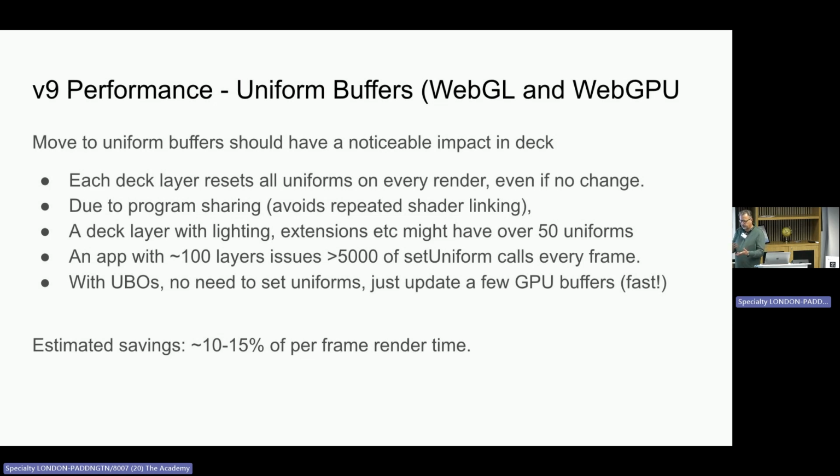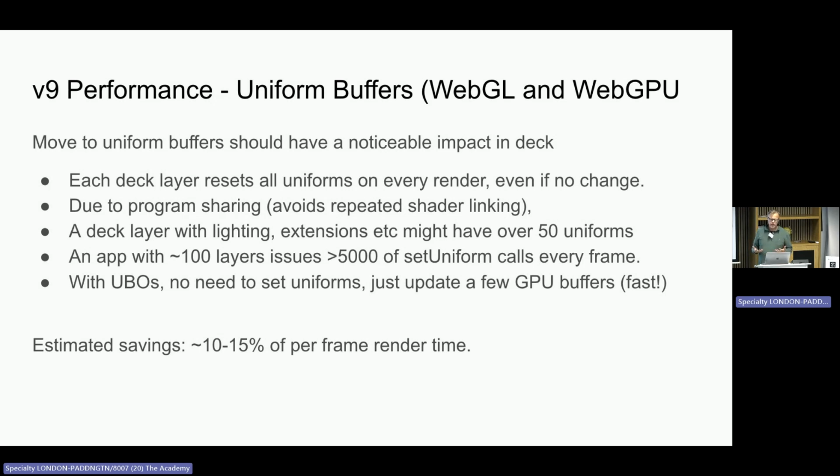A GeoJSON layer renders a scatter plot layer, a path layer, and a polygon layer. The tile layer renders GeoJSON layers that then render all of these. So even if you only have a couple of dozen layers, you may actually have many more layers underneath. And each layer may issue 50 or more set uniform calls. So you can run into 5,000, 10,000 set uniform calls.